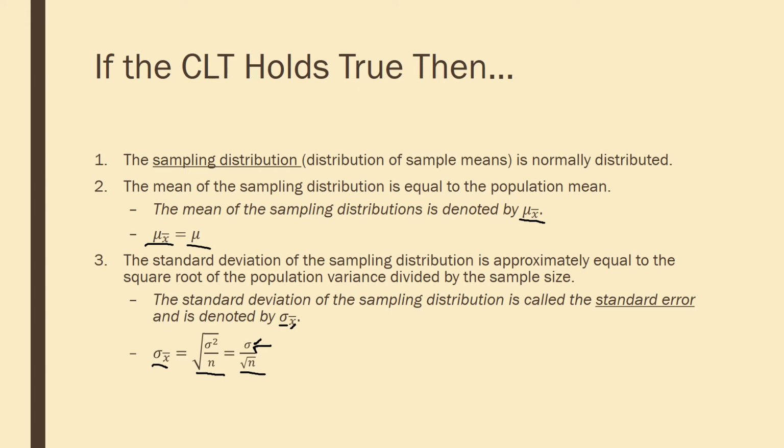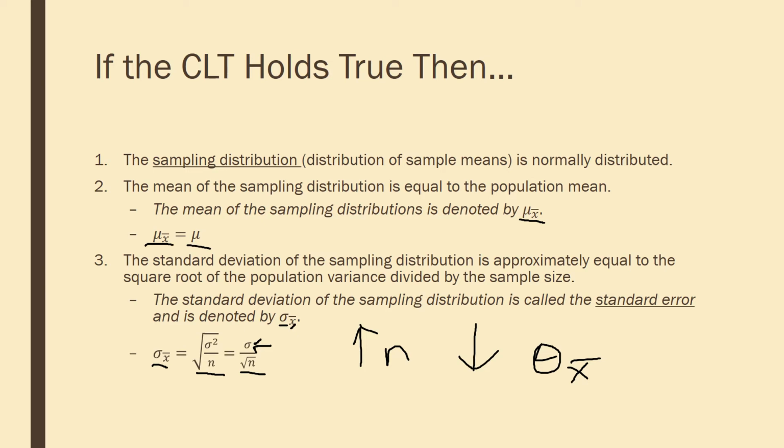And so if you notice in this formula for the standard error, if the sample size n increases, right, our sigma x bar, which is the standard error, will decrease. Because we're going to divide by a bigger number as our n increases, and that makes the overall number less.